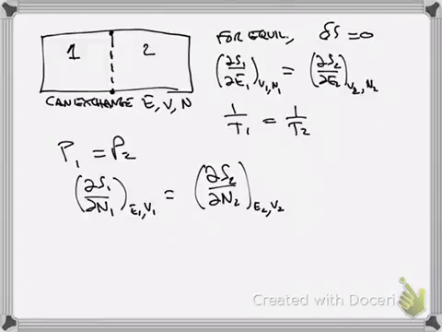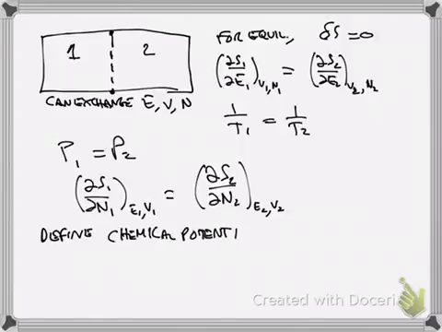It turns out we're going to define the thermodynamic quantity called the chemical potential. This is a somewhat mysterious quantity, at least for many people, because you're very familiar with temperature and you're very familiar with pressure. I'm going to try and convince you that you're actually rather familiar with chemical potential. You just never think about it that way.